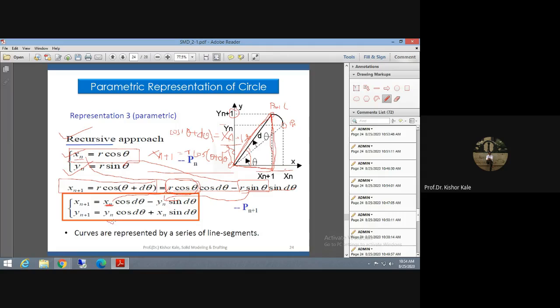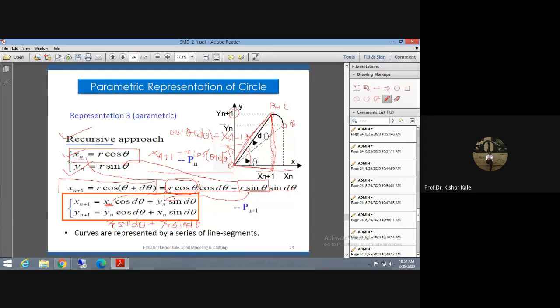Actually, we write yn plus 1 as r sin of theta plus d theta, and then use the sin a plus b formula, sin a cos b plus cos a sin b.